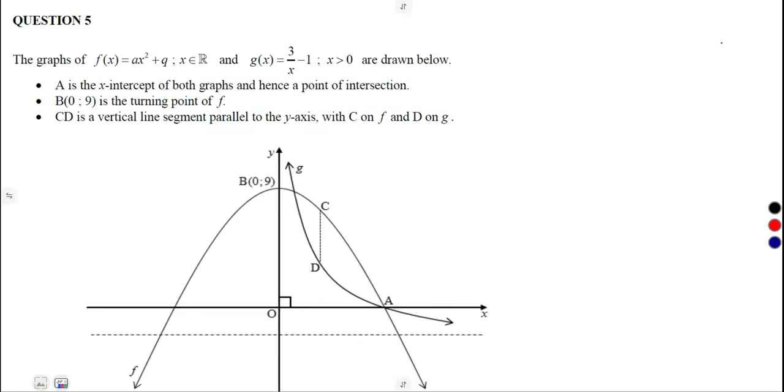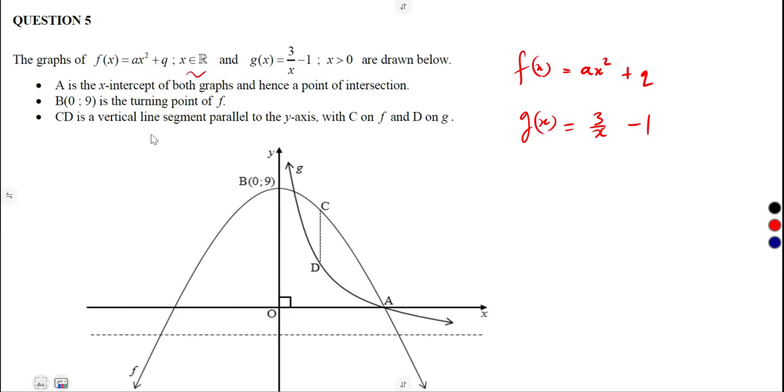So moving on to question number 5, we were given the graphs of f of x, which is ax squared plus q. All right, so that's our f of x. And also we have the one for g of x, which is given as 3 over x minus 1, for x greater than 0, where we are talking about all the real numbers of x.